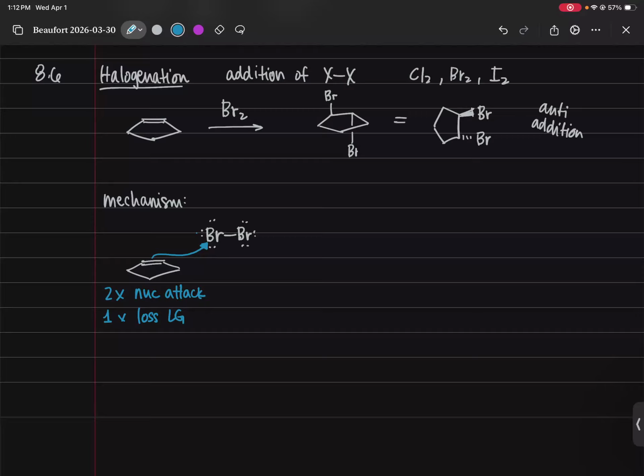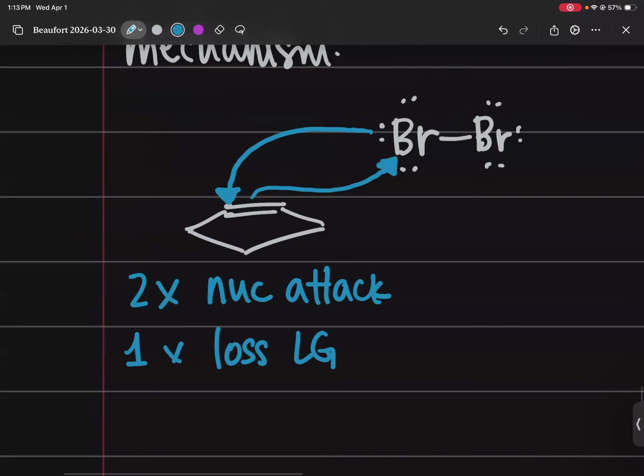At the same time, one of the lone pairs on that same bromine is going to perform nucleophilic attack on one of the carbons of the alkene. So the first arrow is starting in the middle of the alkene from the pi bond, and the second arrow is going from a lone pair on the bromine to one of the carbons. And then the final arrow is the loss of a leaving group, and the leaving group is this other bromine. It's just going to go away.